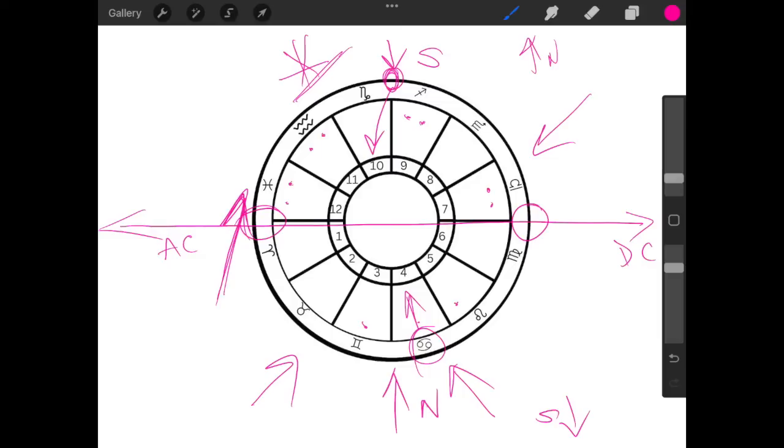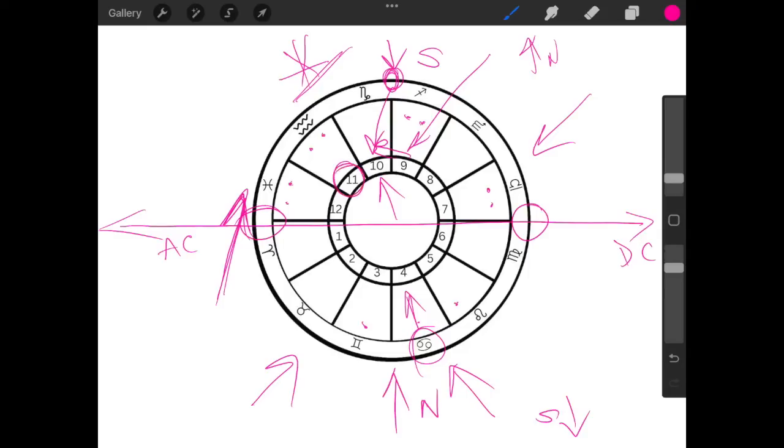So this is indicative that if you have many planets in the top half of this chart, we're going to be super focused on our career, on our professional life, on our education, 9th house, education. And we, in the 10th house, bring the education into our career.